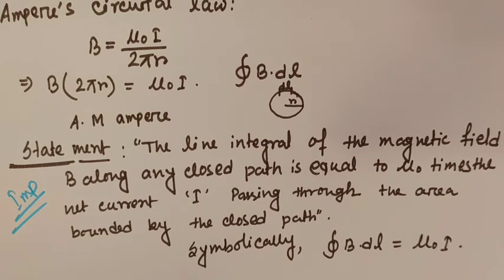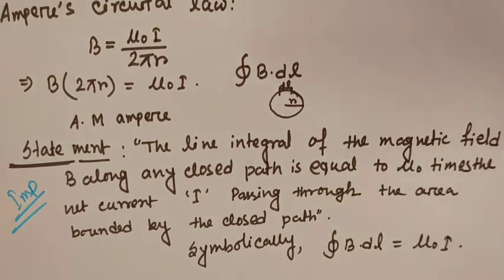It is also to be noted that the statement closed integration B dot dl equals 0 does not necessarily mean that B is equal to 0 at all points on the closed path, but only that no current passes through the area enclosed by the path.